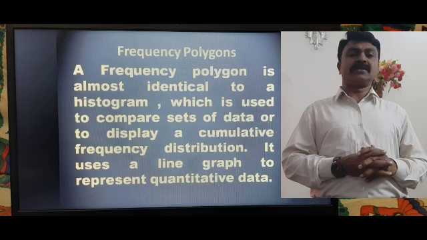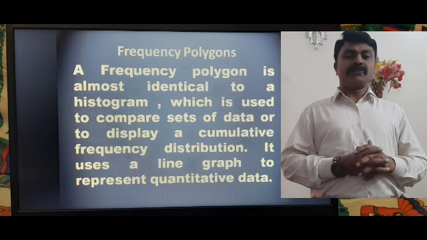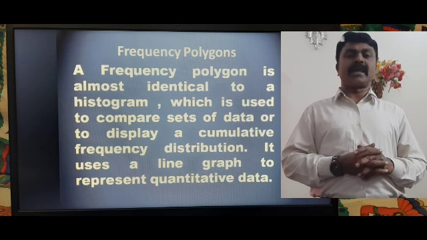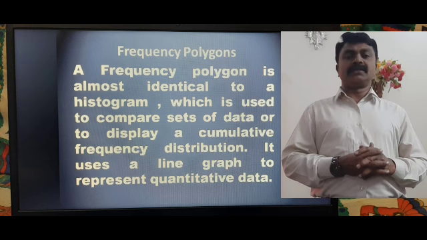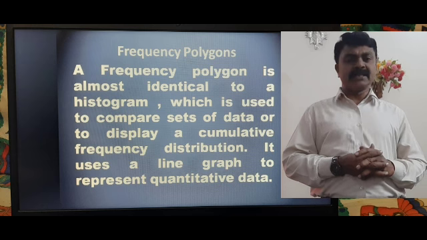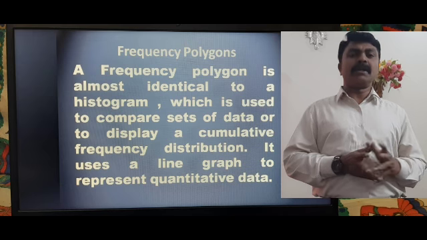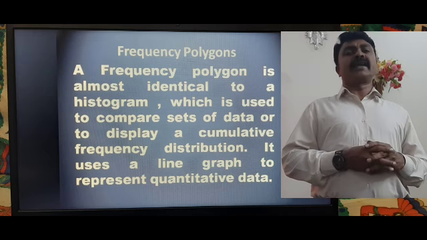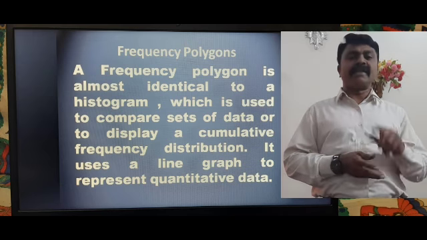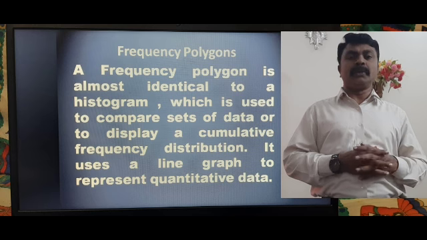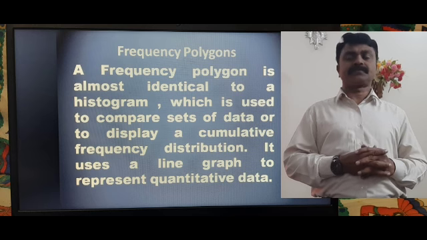The best example is the children's IQ test. Psychologists use line graphs particularly for children's IQ tests. That would be most appropriate.